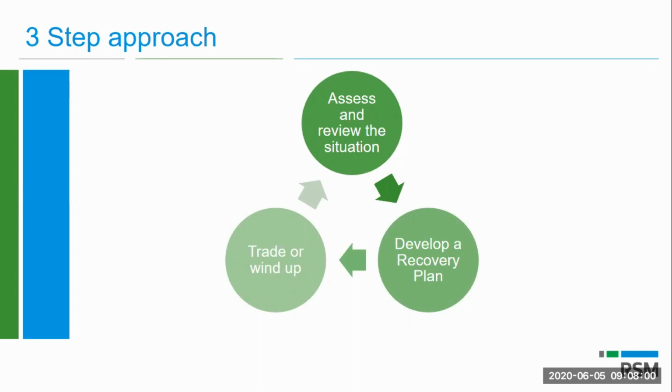This is the first phase where the real groundwork and your homework is done on your business, in terms of understanding the risk factors that are affecting your business, understanding your cash flow constraints, what your critical suppliers are, what your critical customers are, and looking at your critical employee resources. All of these factors come into play when you need to assess and review your situation. And you need to do this first before you develop a recovery plan.